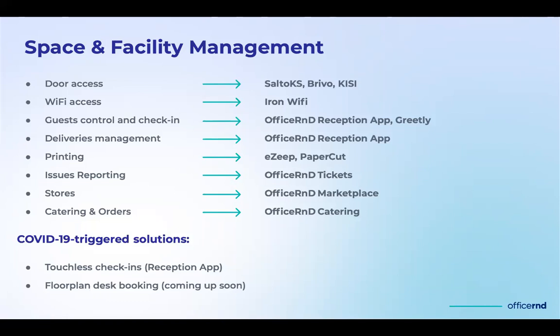native integration with. Another thing that might be very crucial is the Wi-Fi connection. So in terms of native integrations, we can currently offer Iron Wi-Fi as a provider. And our OfficeRnD integration with Iron Wi-Fi enables the connection between your membership management system, which would be OfficeRnD, and your radius-based network.